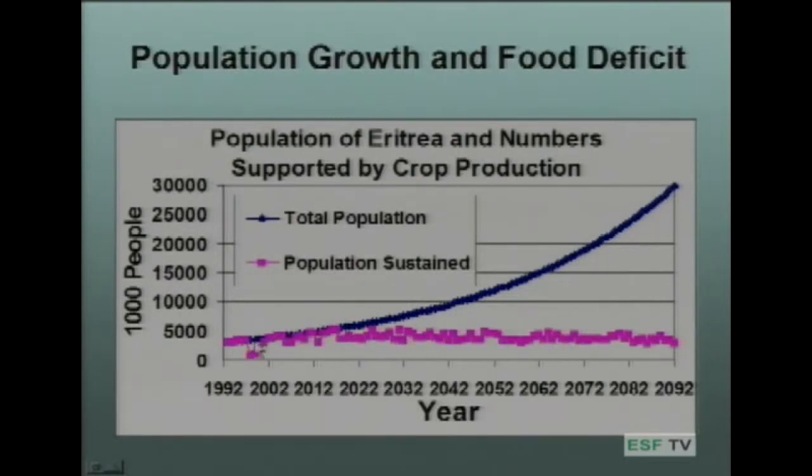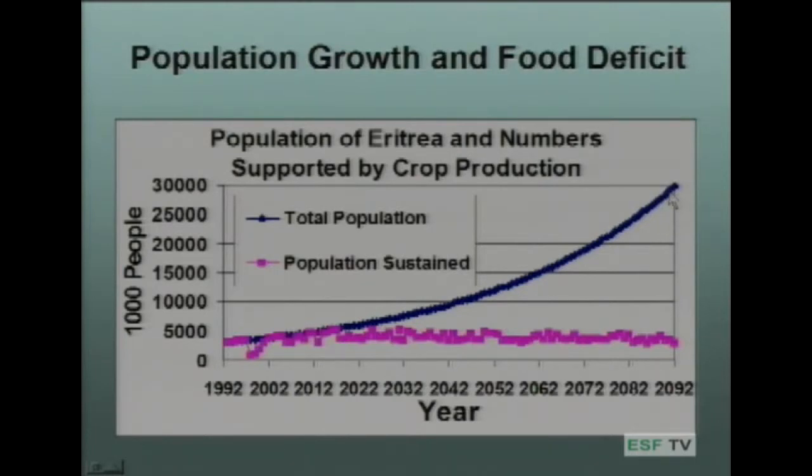Now, the blue line is if you take the current rate of growth and you extrapolate it for 100 years into the future. And you go from a country of 4 million people to a country of 30 million people. Now, you can imagine that the gap between these lines really represents bad news, people who might not eat.